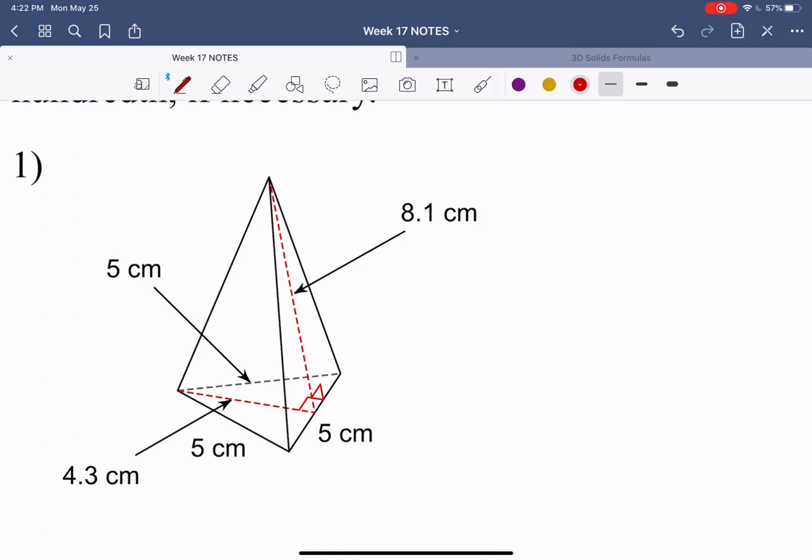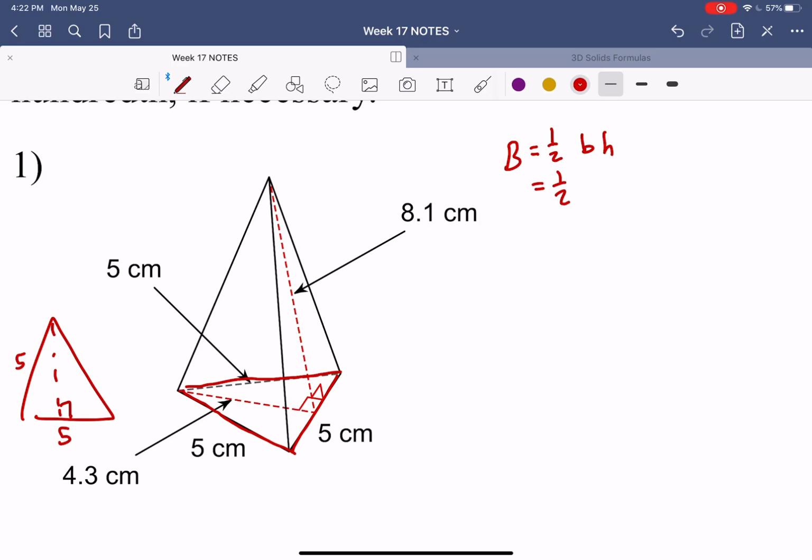First, I always just like starting with the base. The base is 1/2 of the base times the height. We have to look at the base carefully. Here, it's just at the bottom. And that triangle itself, if I redrew it over here, it has 5 right here, 5 on the sides, and then the dotted line through the center, if we read it carefully, is 4.3.